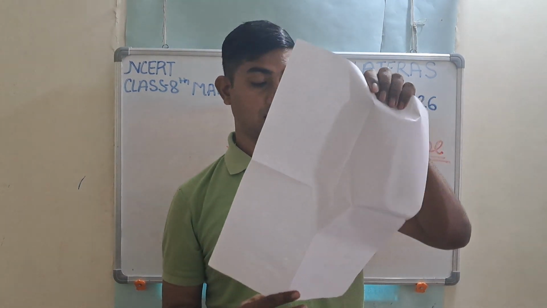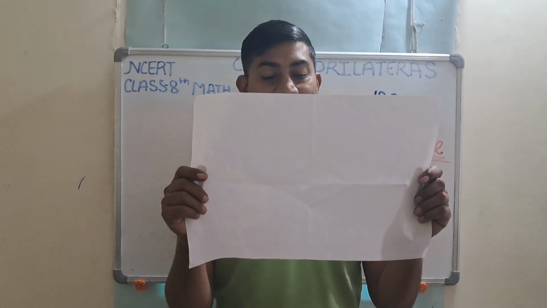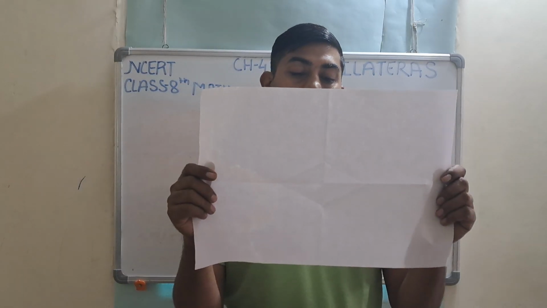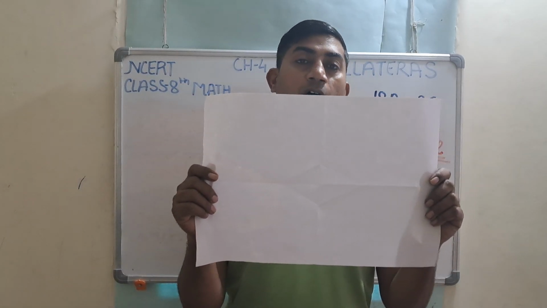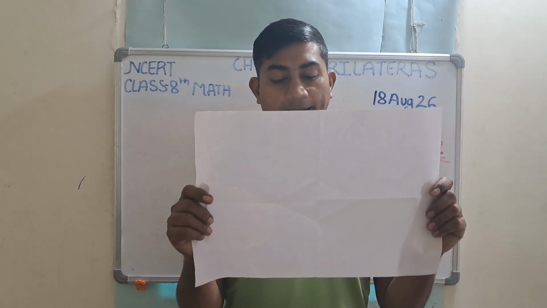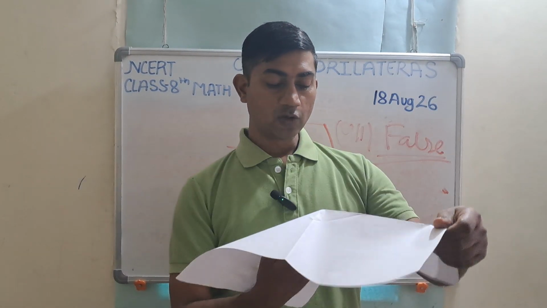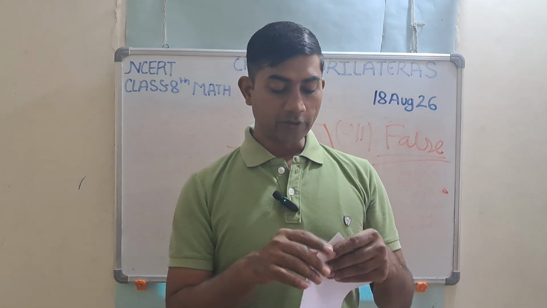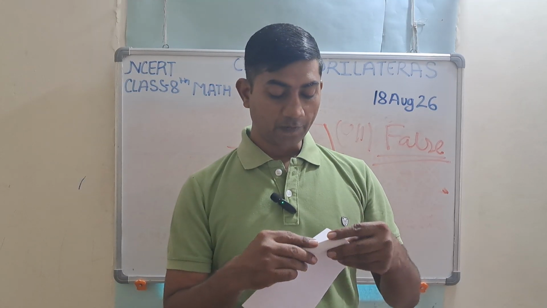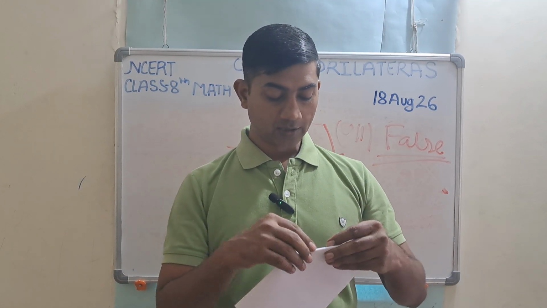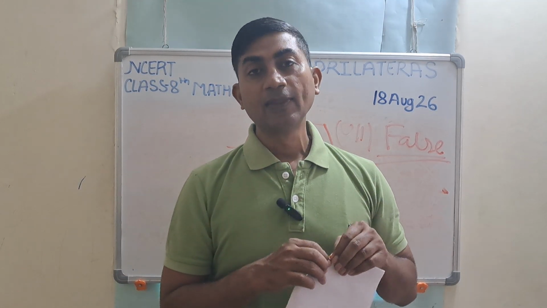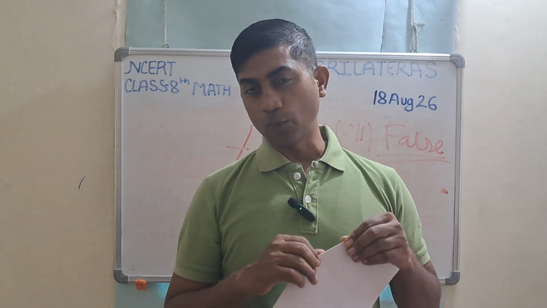Now you can see, if it is visible to you, it is a rhombus in which all sides are equal and diagonals are perpendicular. And in this way you can draw and make a series of rhombuses if you make more folds. Now in this way you are getting the exact rhombus.